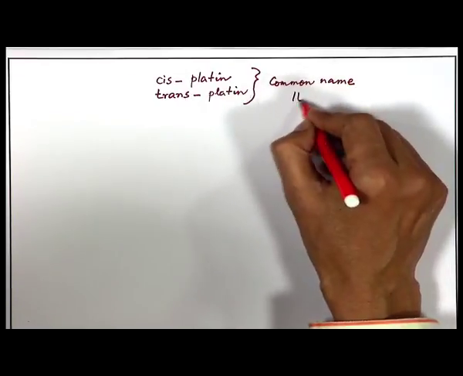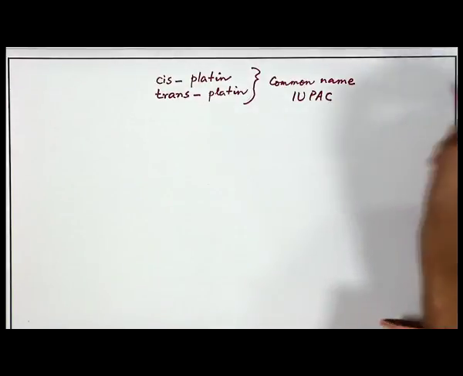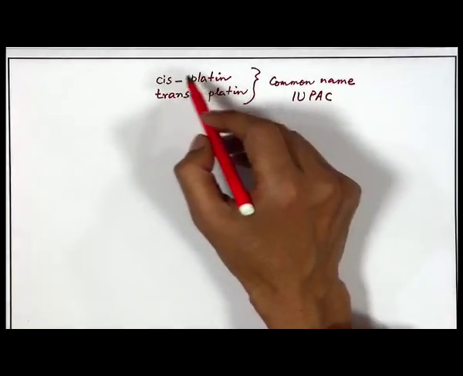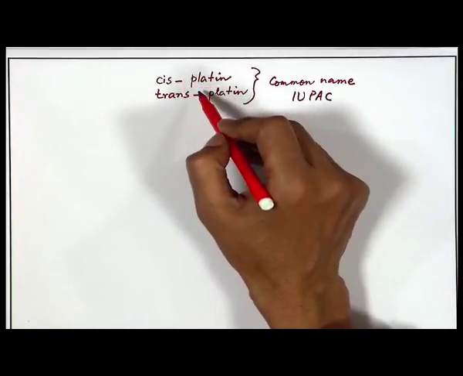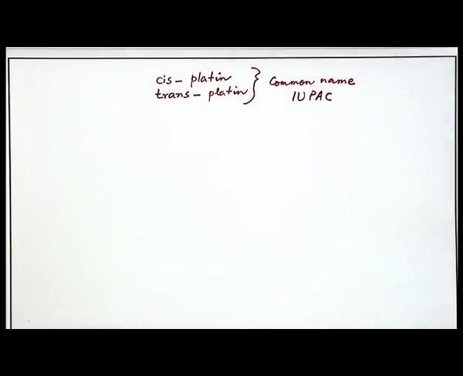It is not an IUPAC approved name. So, once we write it, the hyphen is not there, it is cisplatin. Correspondingly, we can also get some idea what the corresponding transplatin should be.